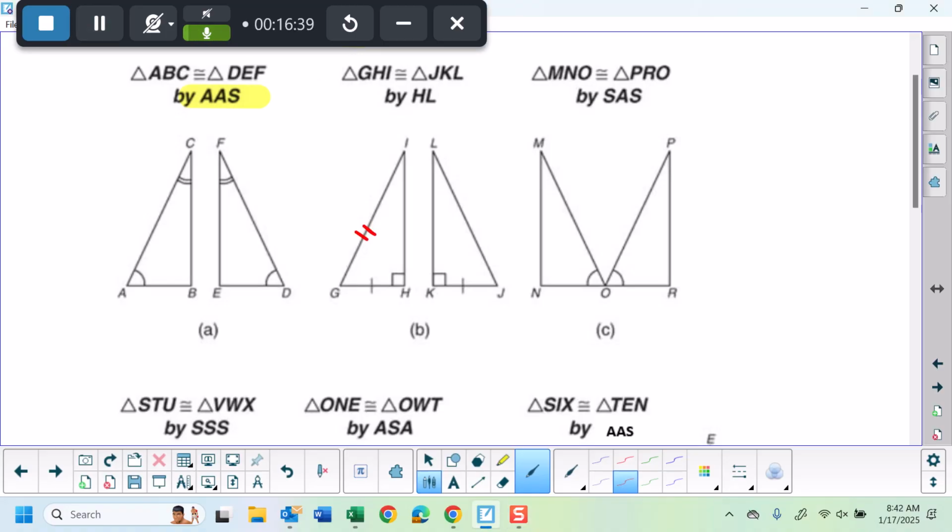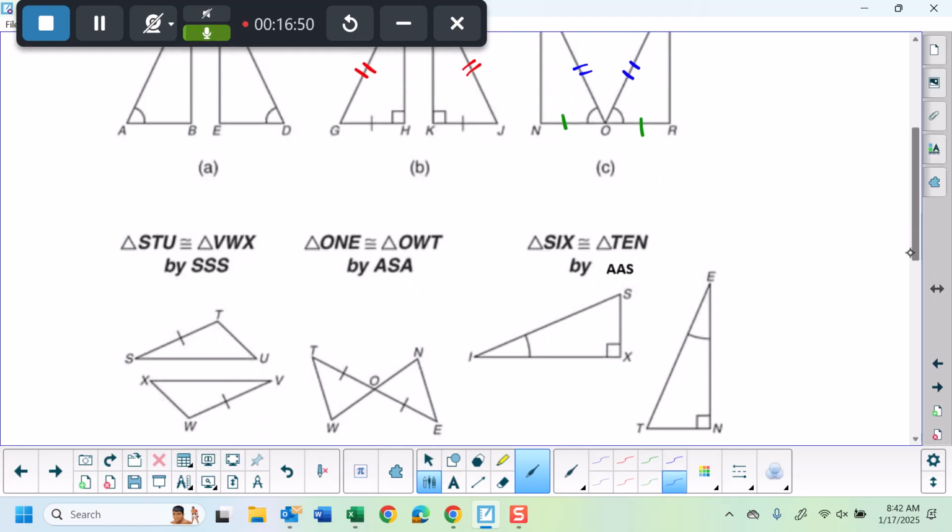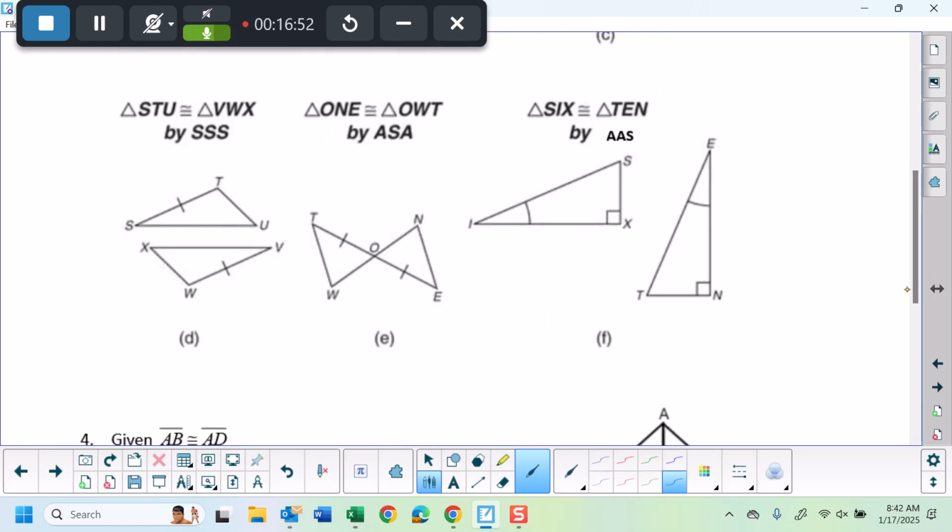You have to pick the hypotenuse. Side angle side, there's only one choice. You have to pick both of these sides. When we look down here, oh, and on the test, we give you a blank to write a congruent statement. So we give you that blank to make that happen.